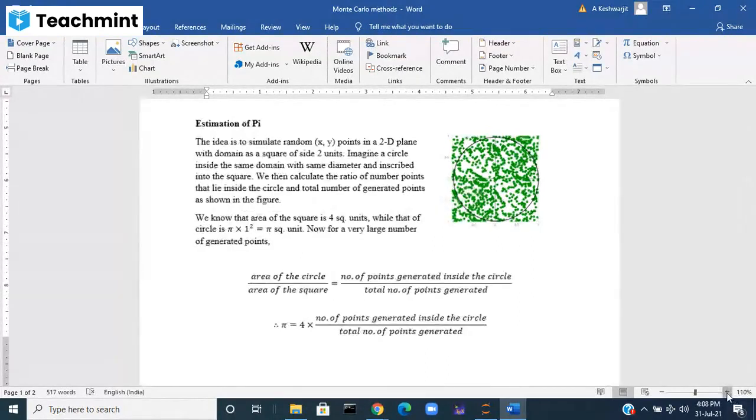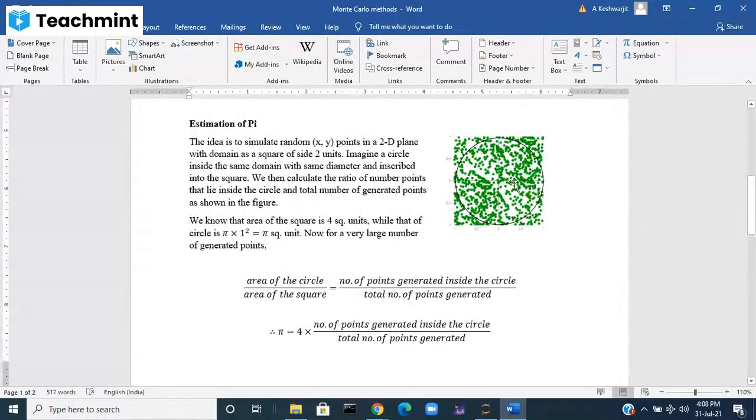Let me enlarge it a little bit. Then imagine a circle inside the same domain with the same diameter, inscribed into the square. So inside this square we have inscribed a circle. The diameter of the circle is 2 units. Therefore, the radius of the circle is 1 unit.